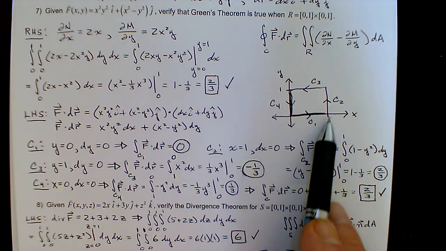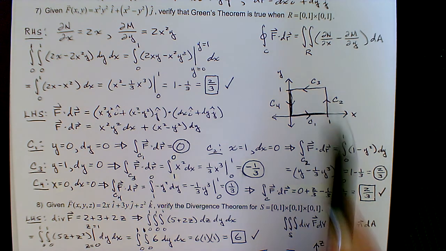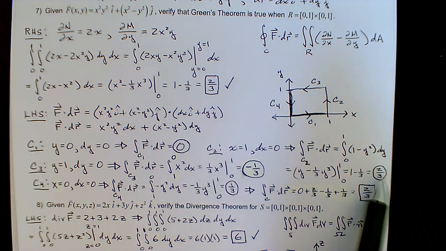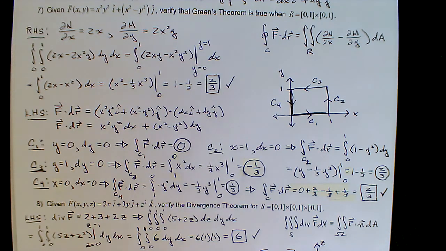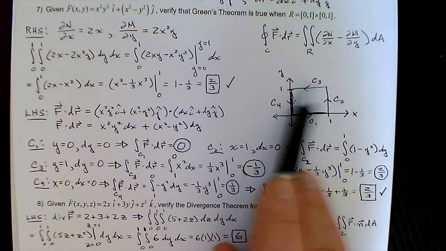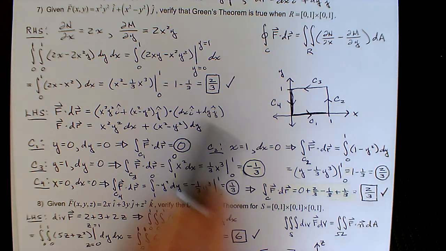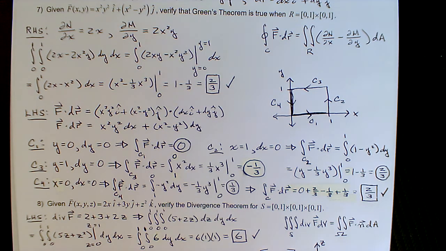And we were moving from y equaling 0 to y equaling 1. And so we crunched that integral out. Then you could check the remainder of the solution. And then we just basically add up the circled parts, which were all the parts along the curves, little line segments, and they should match, of course, to verify Green's theorem.